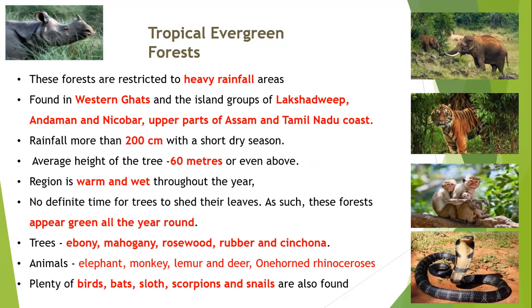The region is warm and wet throughout the year. No definite time for trees to shed their leaves as such, but these forests appear to be green all year round. The trees found in these forests are the ebony, mahogany, rosewood, rubber, and sinsoa.